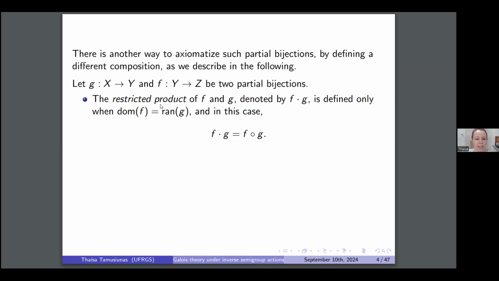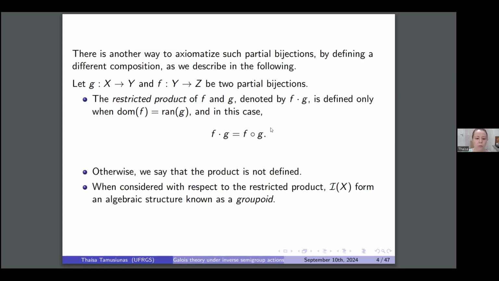Then the composition is given by the restrictive product, and we denote it by F dot G. This product is defined only when the domain of F is equal to the range of G. And in this case, F dot G is the composition, and otherwise it's not defined. And when considered with respect to this product, then the collection of partial bijections has an algebraic structure known as a groupoid.